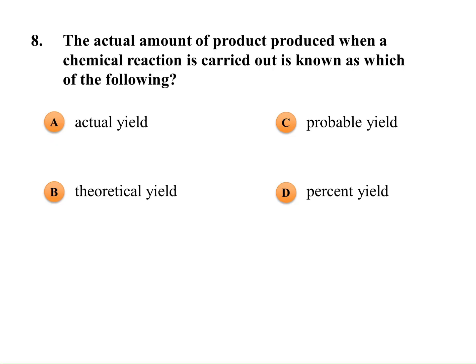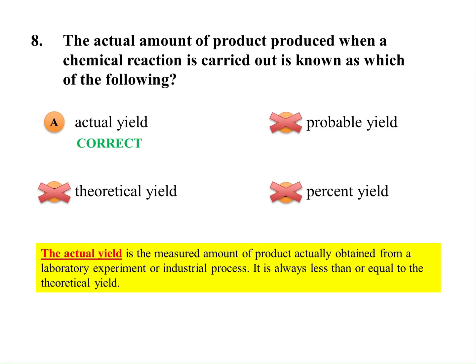The actual amount of product produced when a chemical reaction is carried out is known as which of the following? Of course, the answer is A, actual yield.